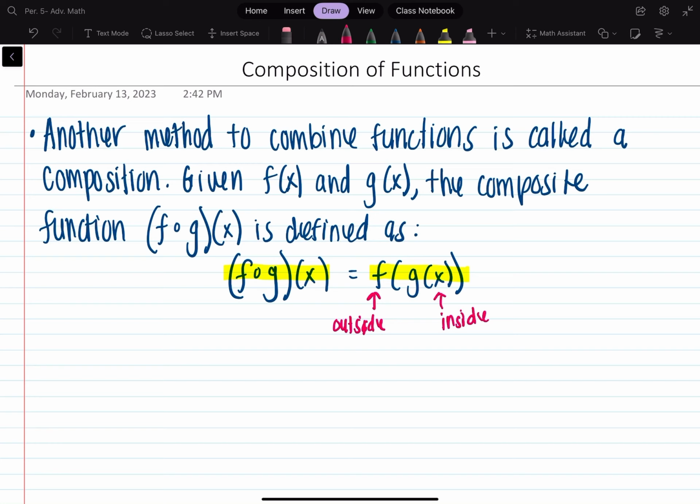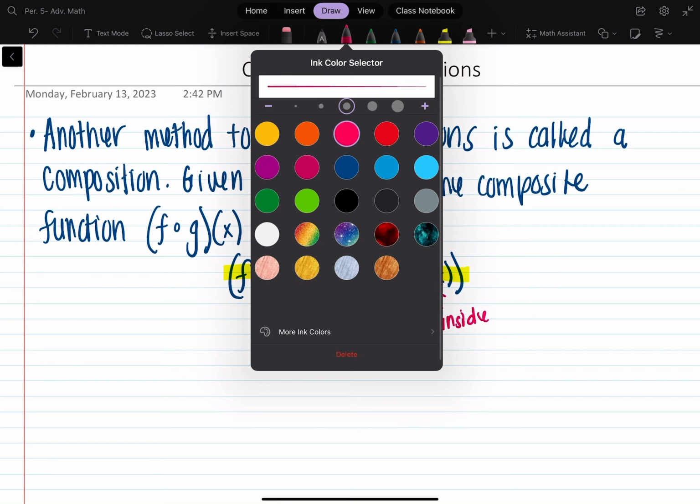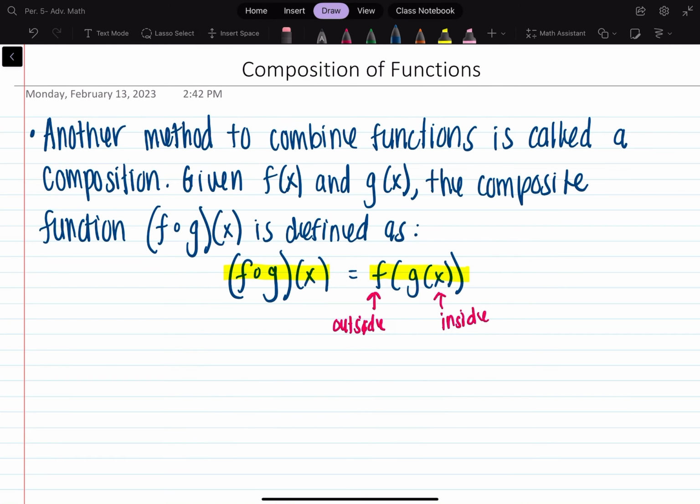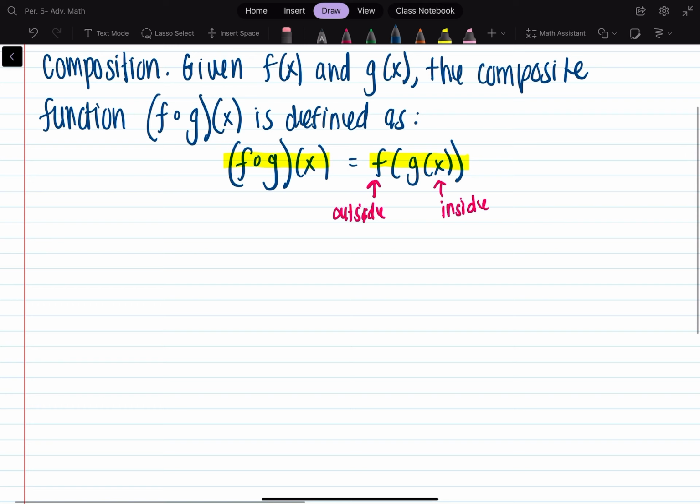So we're going to go straight into an example of what it looks like to take the composition of functions. One other thing to note: when you are working with the composition of functions, it is super important to keep in mind the domain of the function, because remember, a function is only defined on its domain.